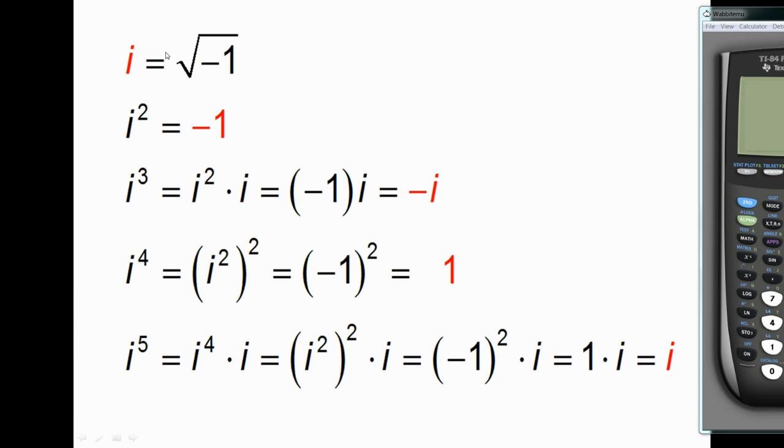In other words, this letter i just takes on four values. i is the square root of negative 1. i squared, negative 1. i cubed, negative i. i to the fourth, 1. And then it repeats itself. i to the fifth is the same as i, i to the sixth the same as i squared, i to the seventh, i to the eighth, and i to the 12th goes back to being just 1. It only takes on these four values, and you see them in red: 1, negative 1, i, and negative i.